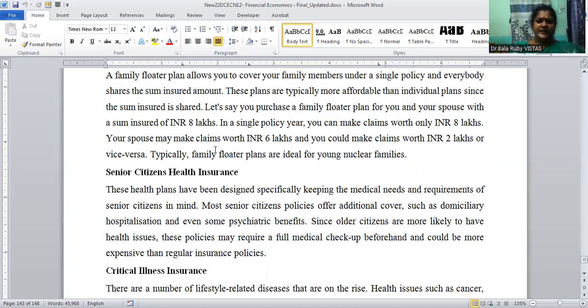The next type is senior citizens health insurance. These health plans have been designed specifically keeping the medical needs and requirements of senior citizens in mind. Most senior citizens policies offer additional cover such as domiciliary hospitalization and even some physiotherapeutic benefits.